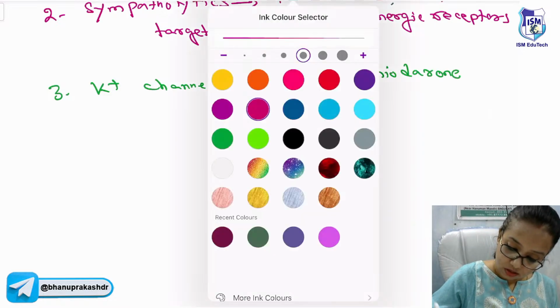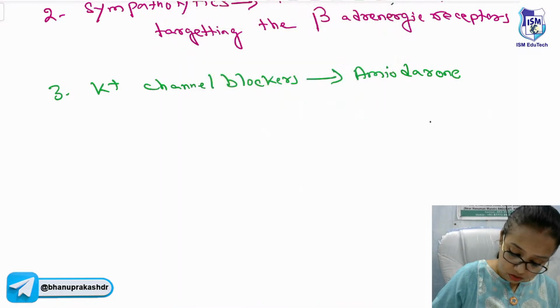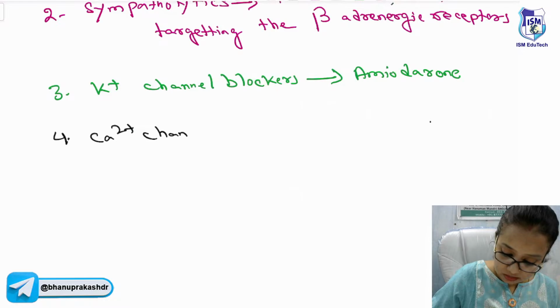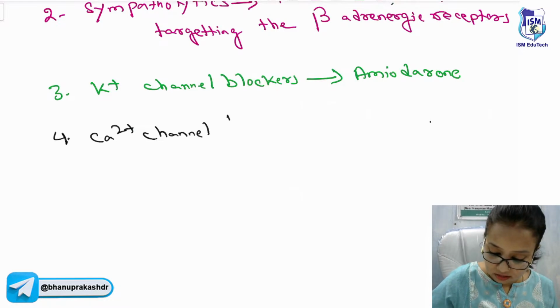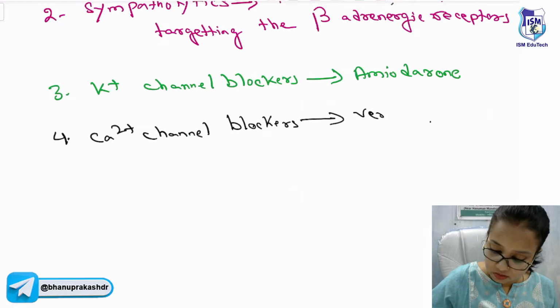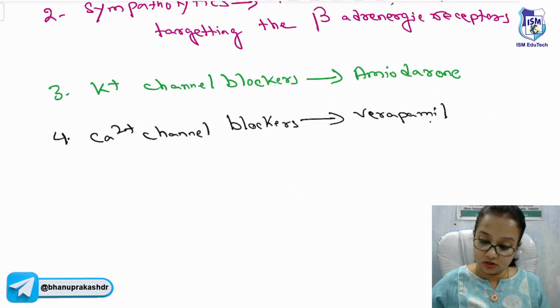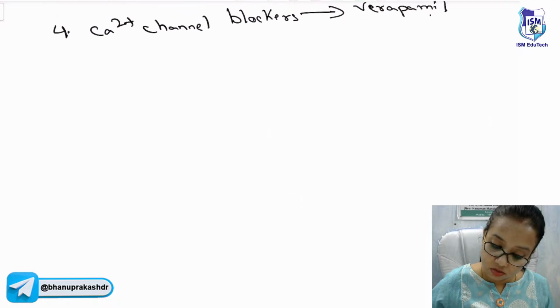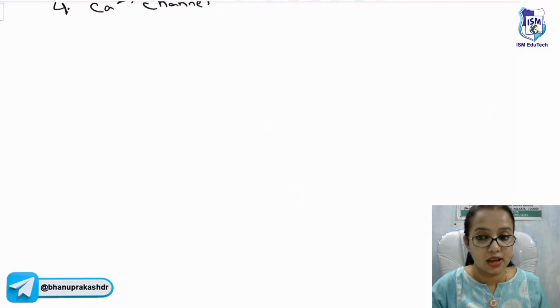Okay. Fourth, we have the calcium channel blocker. Example, verapamil. These are the various drugs and on specifically which channel they act.